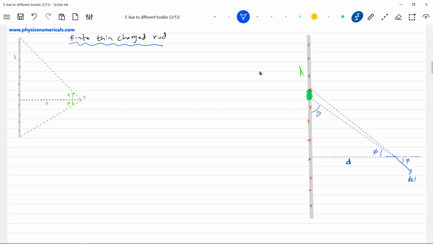Let this be phi, let this be phi, and let this be R. Now d phi will be the angle subtended by this element at point P. This is point P. Let this distance be X or Y, anything. I'll take Y. Then this will become dy.